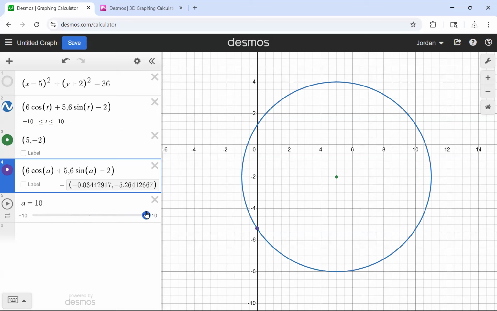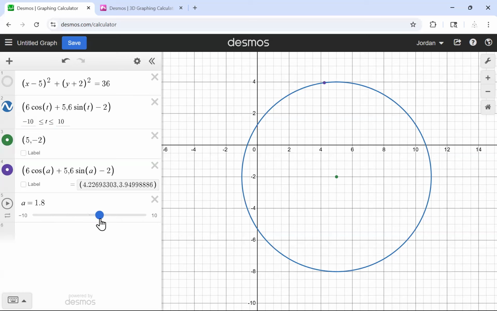But that's one nice thing you can do: you can track a point. And that's really the goal of parametrics, to track where you are at a specific point in time. So the path that this purple point is taking is the blue path.